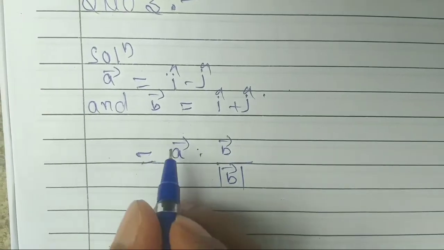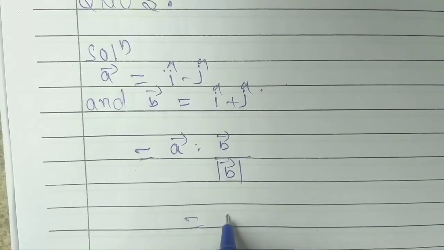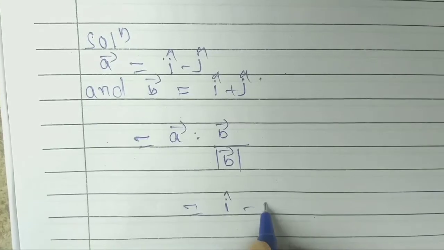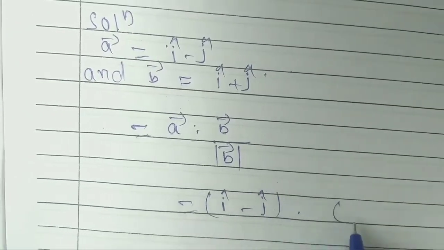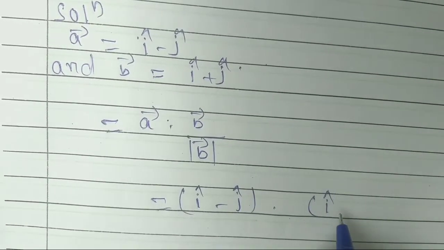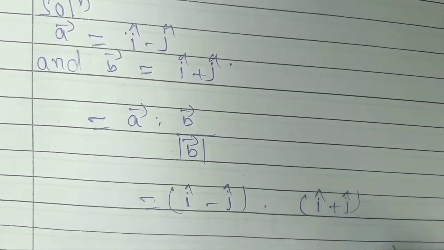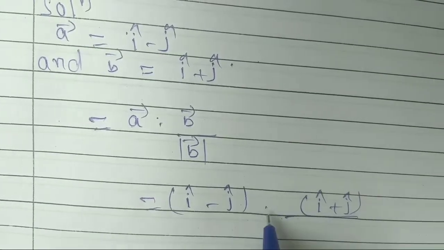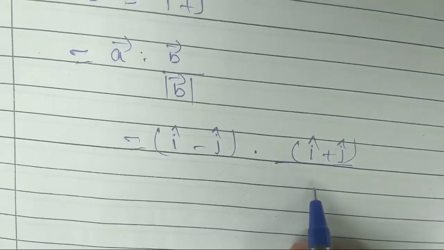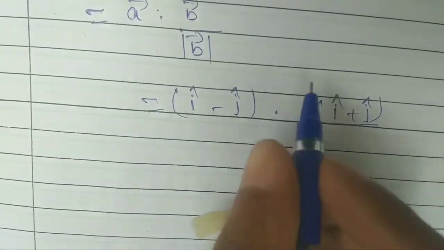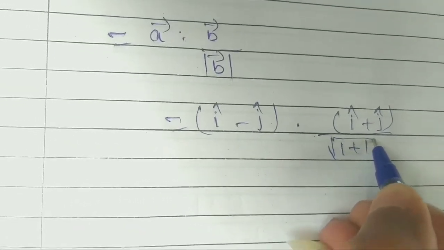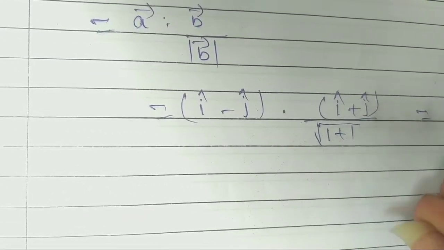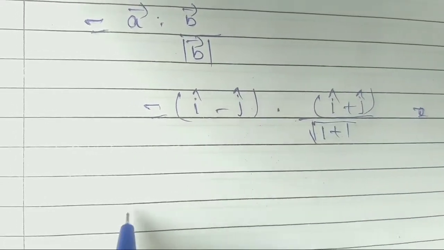That is equal to, a vector is given to us, that is i cap minus j cap dot b vector is given to us, that is i cap plus j cap, upon mod of b vector, that is 1 square plus 1, which is equal to root 2.